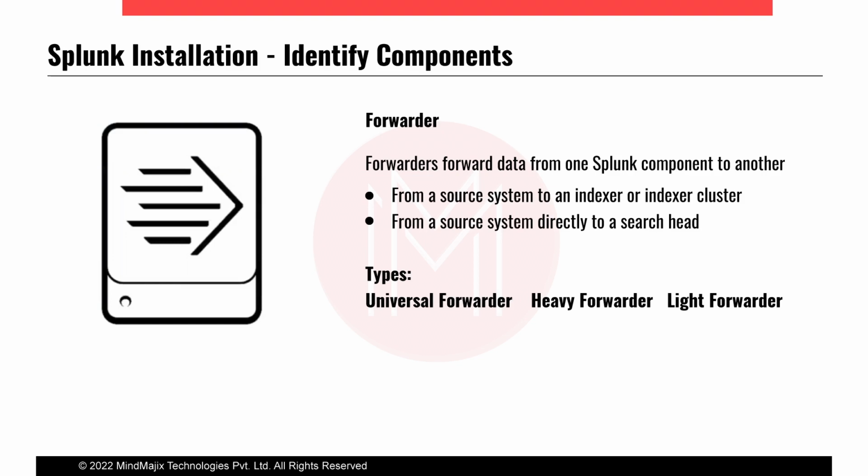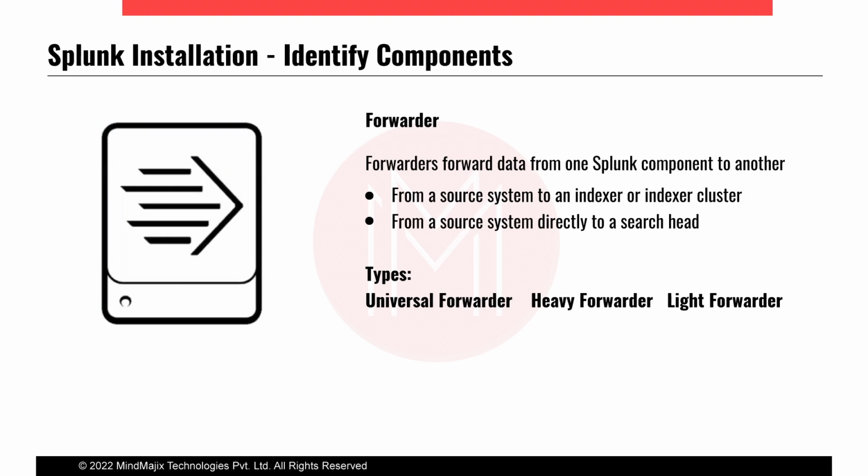They suffice for most situations, and for the exceptions, the heavy forwarders come into the picture. Heavy forwarders are nothing but a full installation of Splunk Enterprise. They not only forward the data, but also parse the data before they forward it. And that's the advantage of the heavy forwarder. They can also be used to route specific data to a specific destination. They also have the capability to transform the data as needed for an organization.